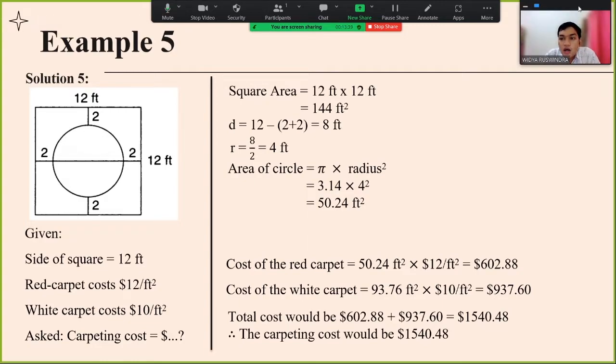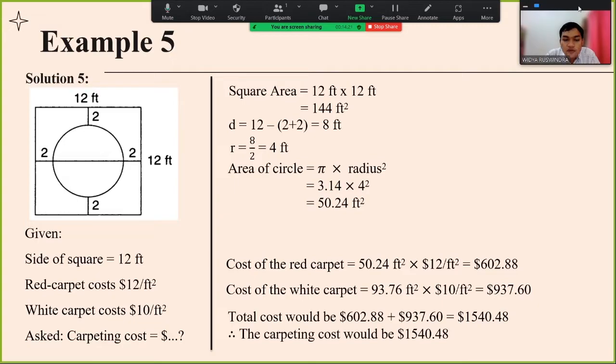Next we must calculate the area of the circle. The formula for the area of a circle is pi times radius squared. Pi equals 3.14 times the radius squared, which is 4 squared. So it's the same as 3.14 times 4 times 4 equals 50.24 square feet.